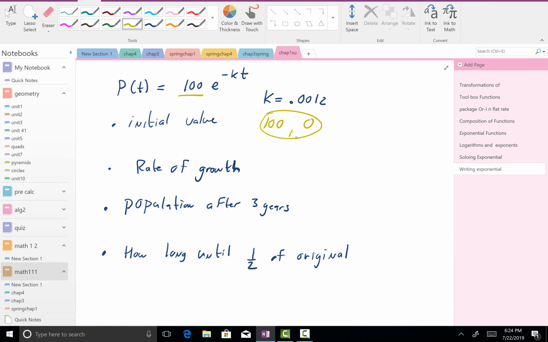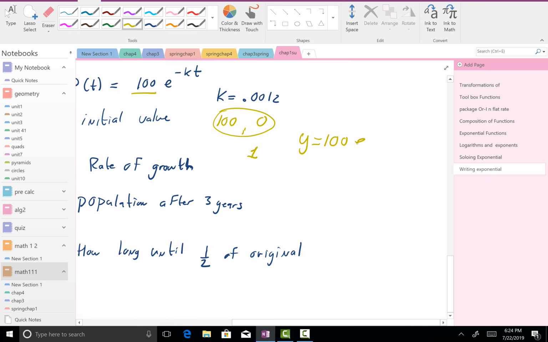So how are we going to find the rate? What do we got to do? Yeah, plug in 1. Figure out what happens after 1. So we're going to put 1 into this equation, 100 e, and I'm just going to put a 1 there so you know what we did. Put it in decimals. Tell me what you got.